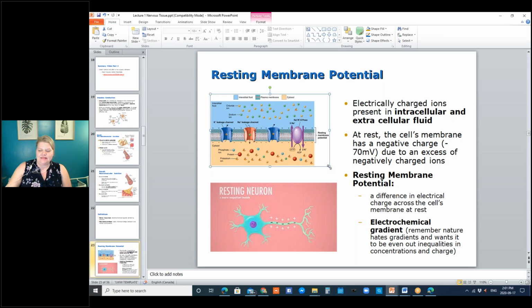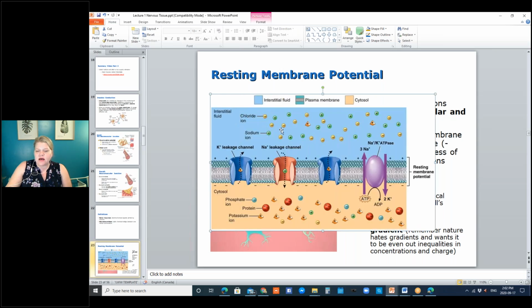And nature hates gradients, okay? It always wants everything to be equal and even on either side of the membrane. So because there's a charge separated by a membrane, this gives it potential energy. Recall that areas of high concentration want to move to areas of low concentration. So if we have a lot of sodium ions on the interstitial side and few sodium ions on the cytosol side, the laws of nature want the sodium to come into the cell.